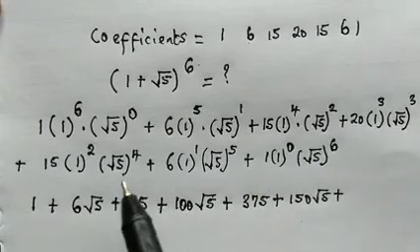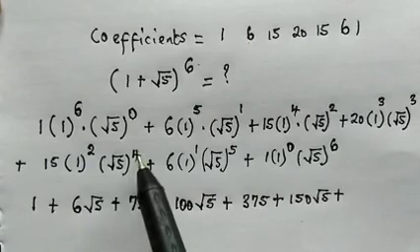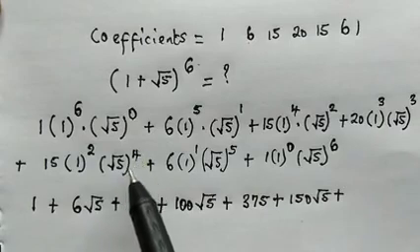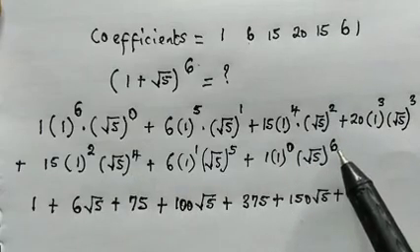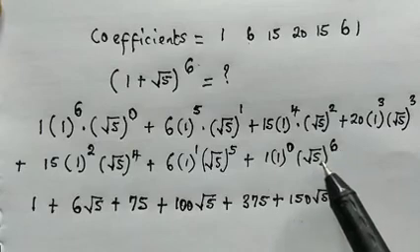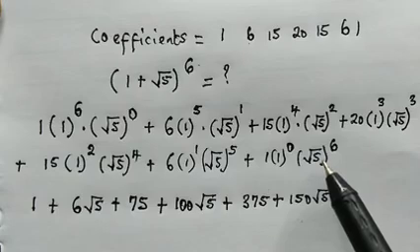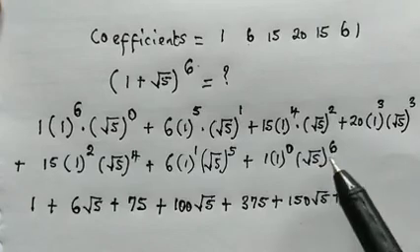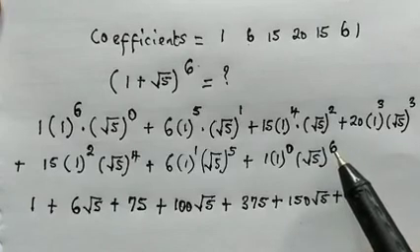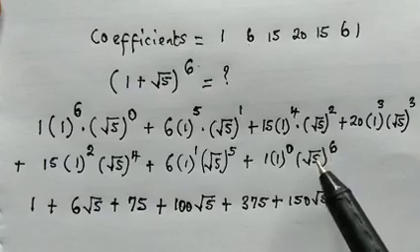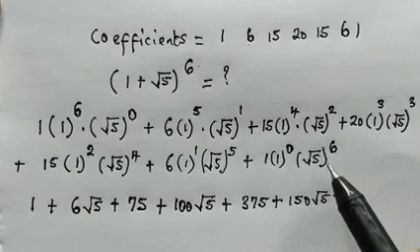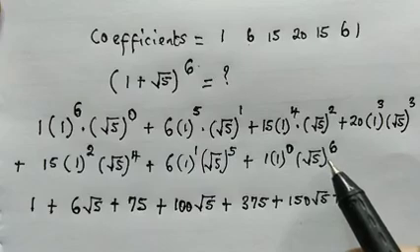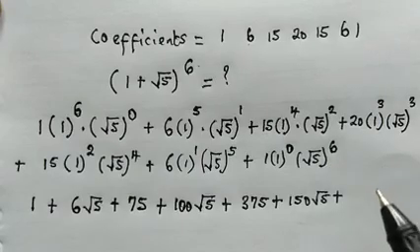I hope I'm not making a mistake. So let's do this. Calm down. Here we have root 5 to the power of 2, then cubed. Root 5 to the power of 2 will give us 5, right? Then 5 to the power of 3 will give us 125.